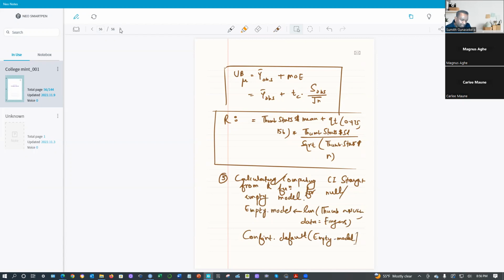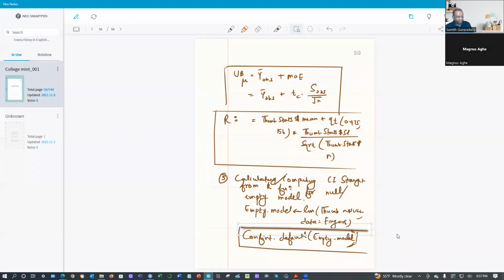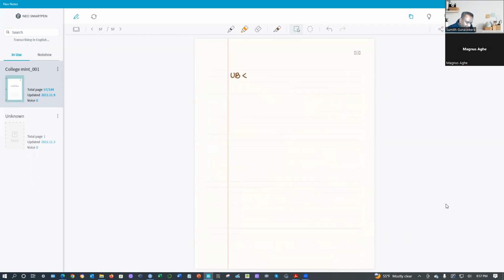This is a parenthesis, not a bracket. With this one shot you can get it. If you need the upper bound, or if you want to extract the upper bound, go to confint.default of the empty model.